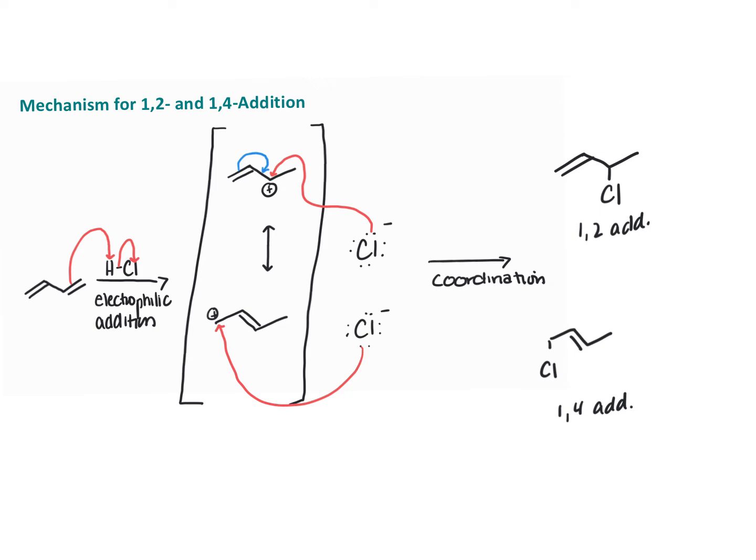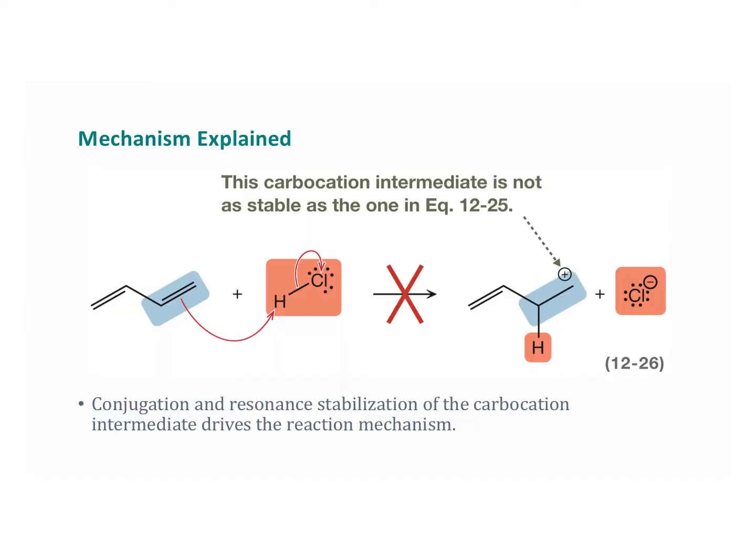Now, addition of the proton on the first step of the mechanism occurs to give the more stable carbocation intermediate, okay? So notice on this very first addition, it's going to follow Markovnikov's rule, where there are 2 hydrogens here and only 1 hydrogen here, so the hydrogen is going to go here.